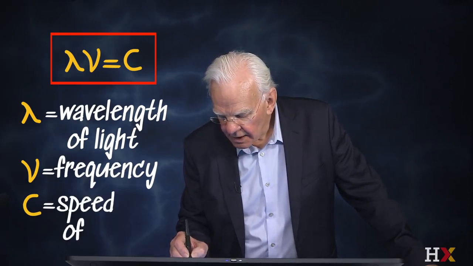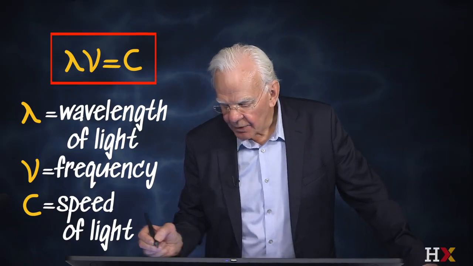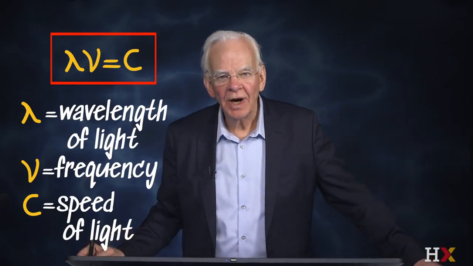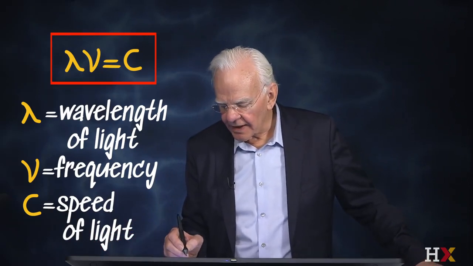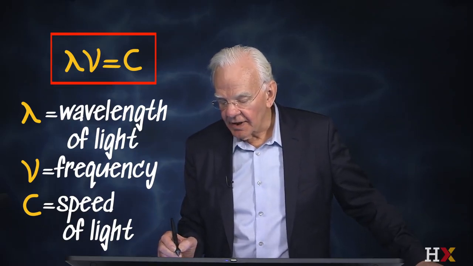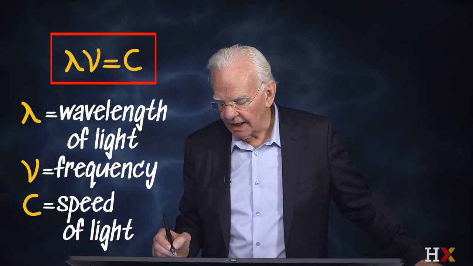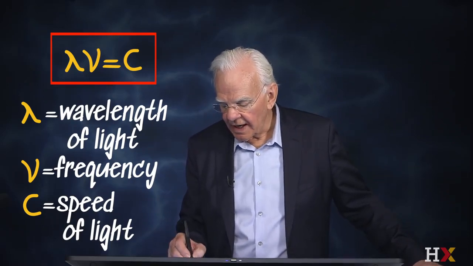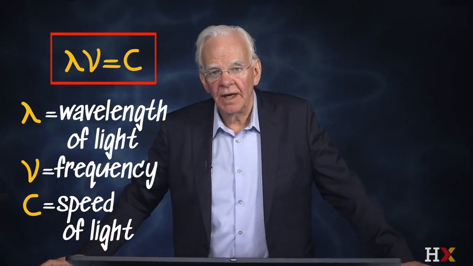The relationship is remarkably simple. If I multiply the wavelength of that electromagnetic radiation times the frequency of the oscillation of that wave, that's equal to the speed of light. And so that is one of the most fundamental relationships in electromagnetic propagation.